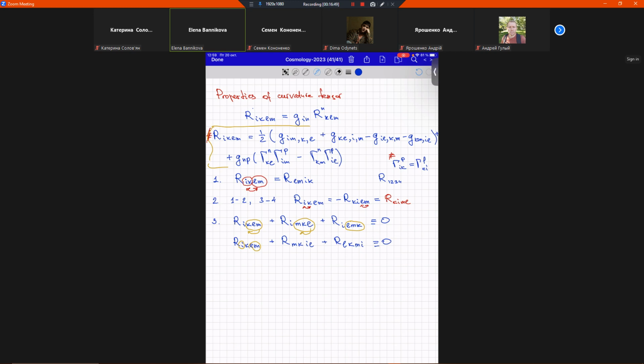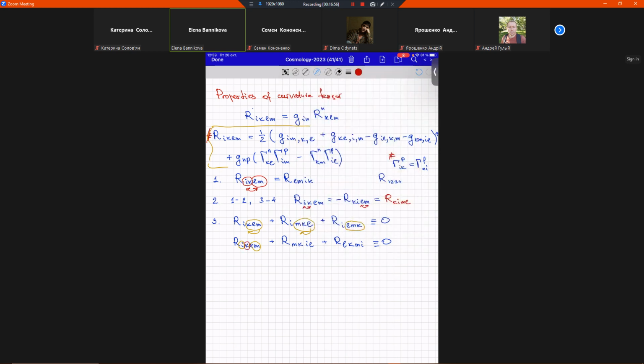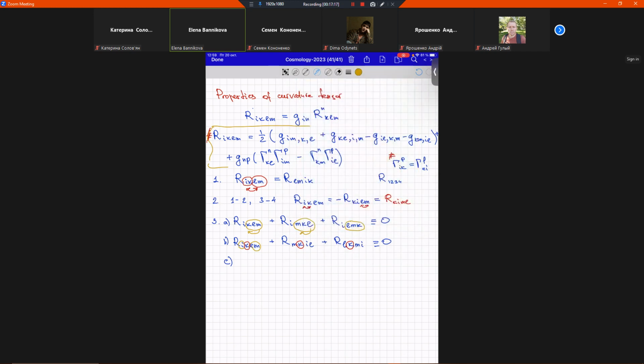It works for any three indexes, but you need to be careful because here k is fixed, and k can be kept in the same place. Let's see when I write the third one. Let's put here A, B, C as an example. Here I choose three indexes, k, l, m.